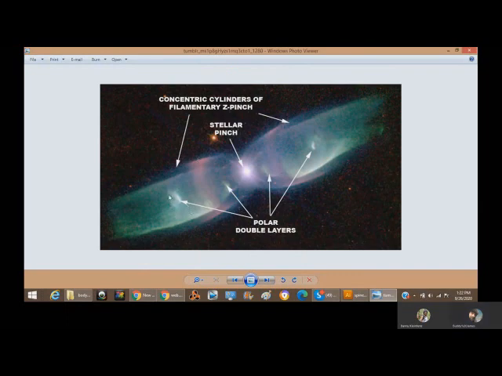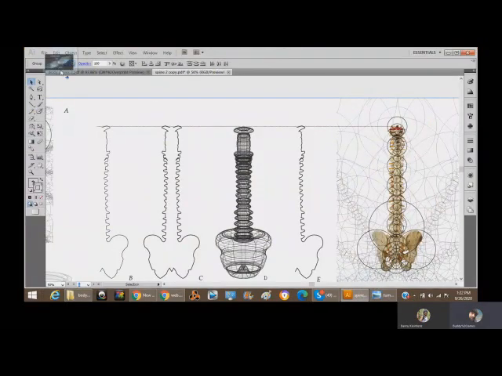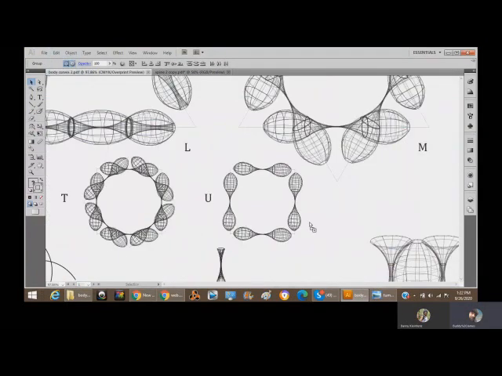Here is, if I were to take this image, which I can, which I'm just going to do right now, and pull it into Illustrator, into the body curves, and drop it, and take one of these and put it inside of it, you would see the exact similar types of geometry happening, because this is mimicking the Z-pinch.